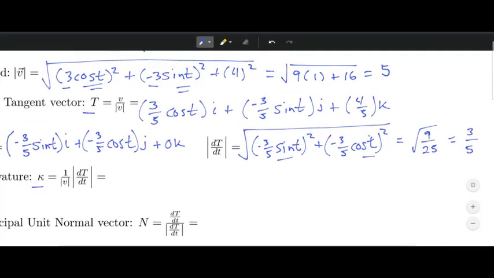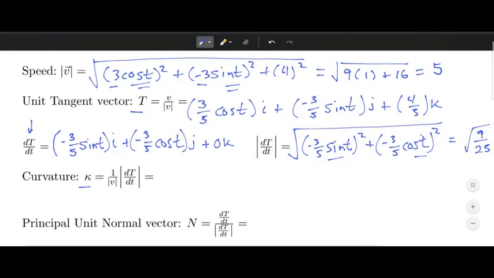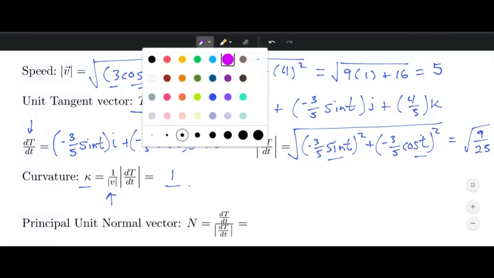Okay, let's find the curvature now, or the bending or turning of our curve. That's 1 over the magnitude of velocity times the magnitude of this derivative of our unit tangent vector. We found both of these values already.